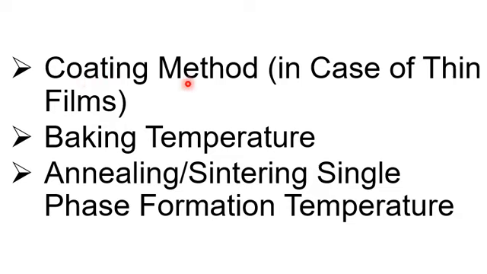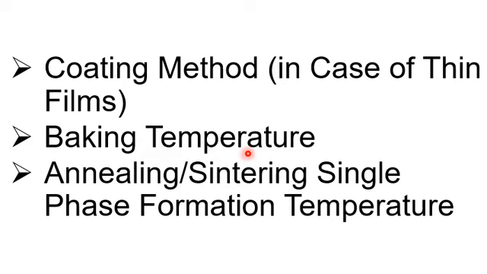So the third type of well-known method used is known as spray coating. So commonly there are three types of method used to deposit a thin film via sol gel process. Number one process is known as spin coating. Number two process is known as dip coating, and number three process is known as spray coating.